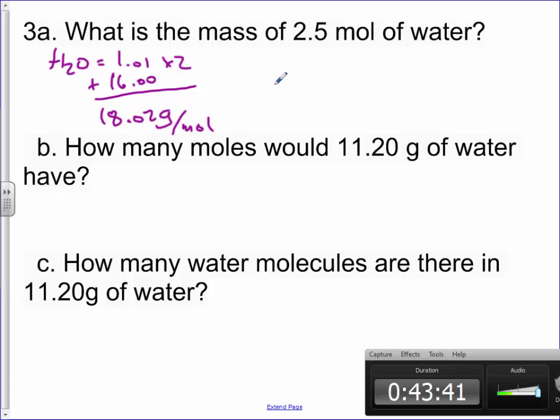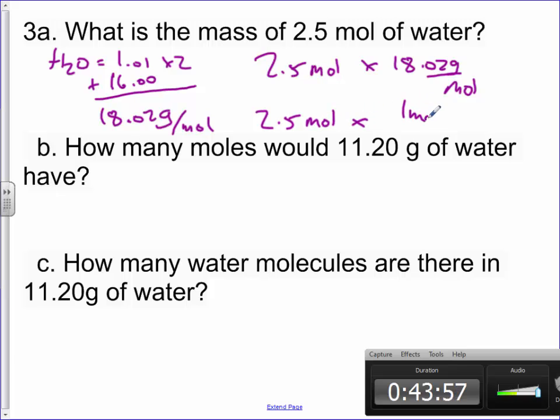Okay, I'm going to try writing this out 2 different ways. Option A, take 2.5 moles and multiply by 18.02 grams per mole. Option 2, take 2.5 moles and multiply by 1 mole, but then divide by 18.02.